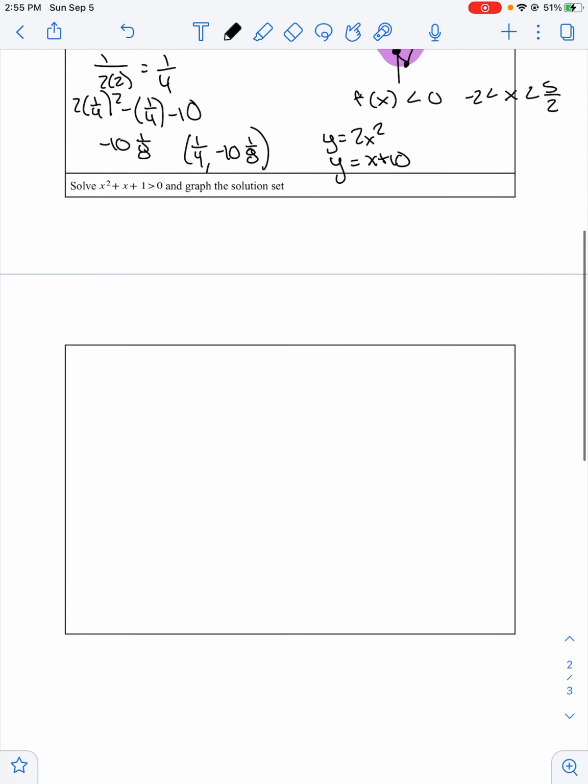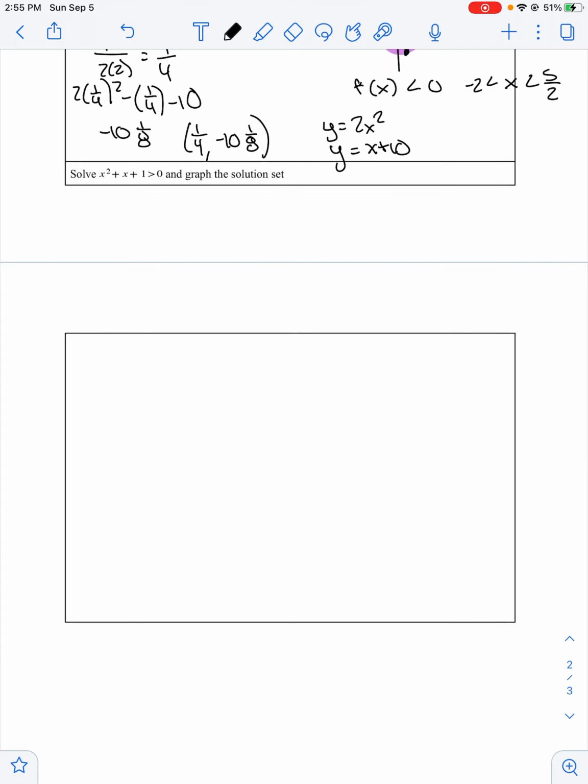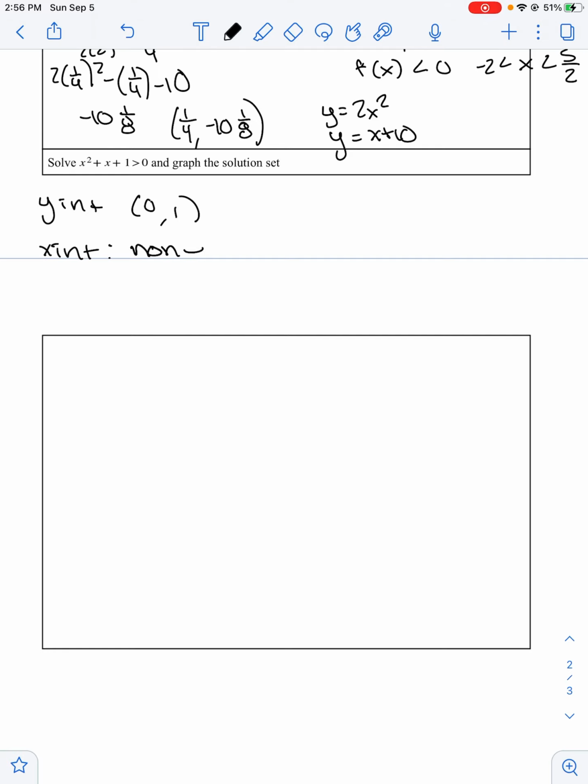Then last example, we have x squared plus x plus 1 is greater than 0. And then graph the solution set. So first our y-intercept, our c value is 1, so it's 0, 1. We'll find the x-intercept. This can't be factored, so there is none.